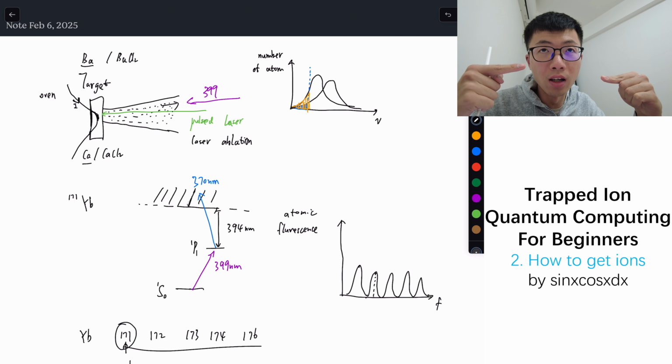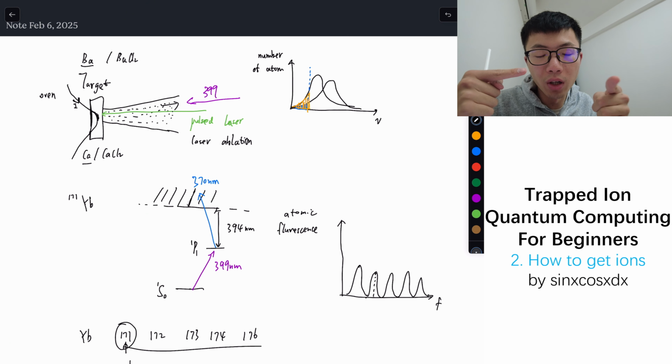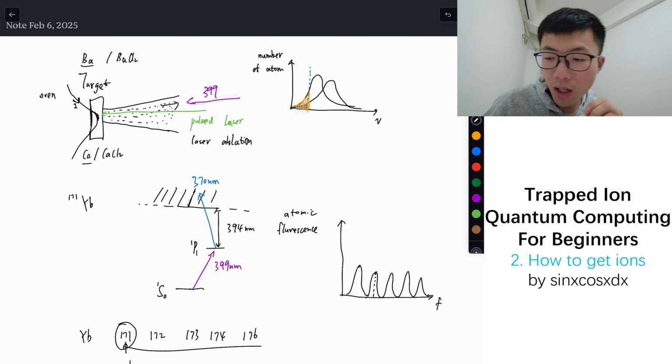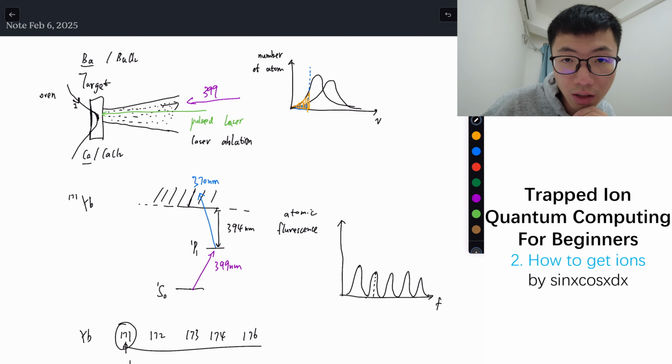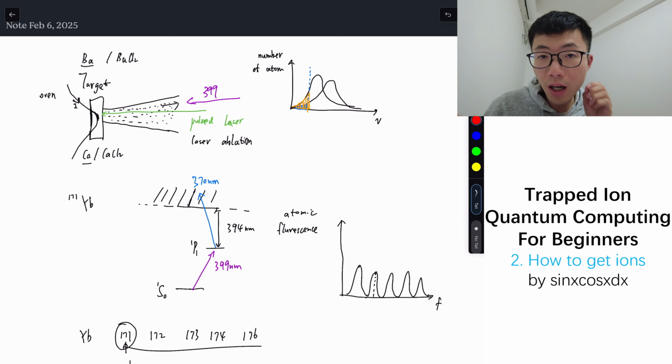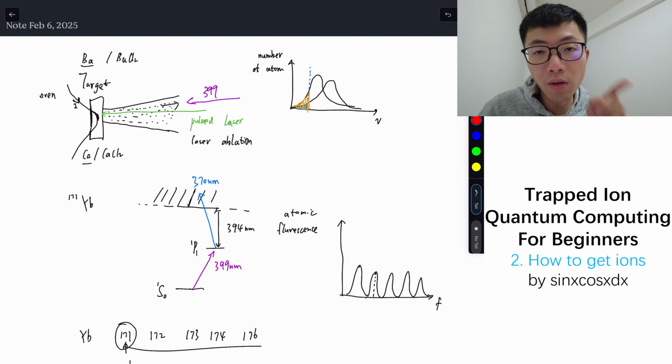The atom will see a higher frequency compared with standing in the lab, right? So the atom will see a 399 nanometer laser with a higher frequency. And because the atoms have different velocities, they have a velocity distribution like this. So different ions with different velocities experience different frequencies of the 399 laser.